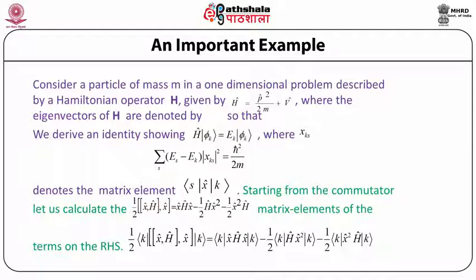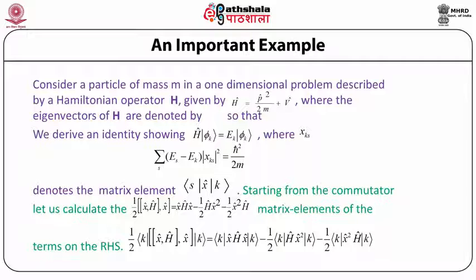is equal to operator x, operator H, operator x minus half operator H, operator x square, minus half operator x square, operator H. Now let us calculate the matrix elements of the terms on the right hand side.